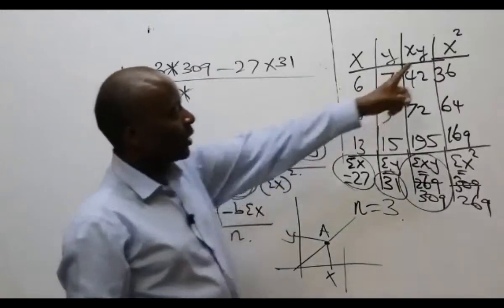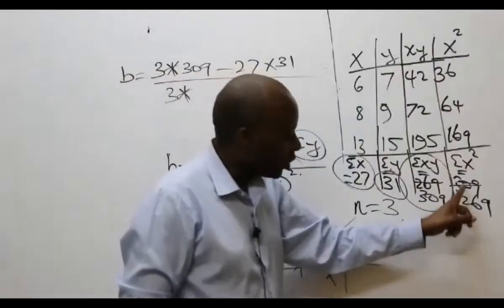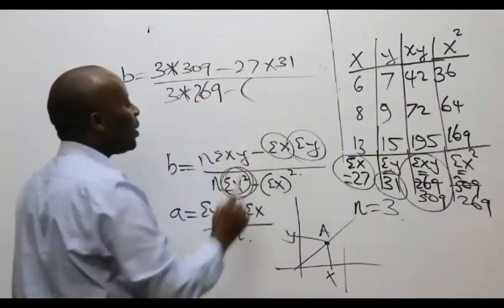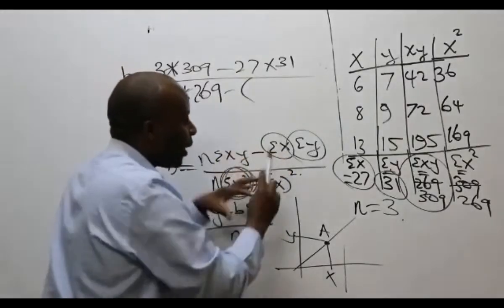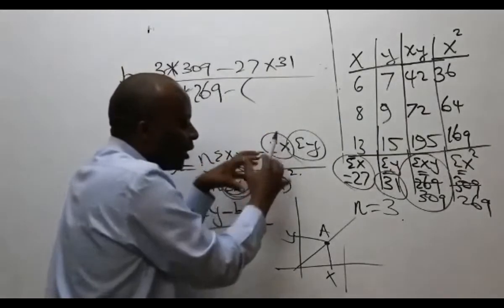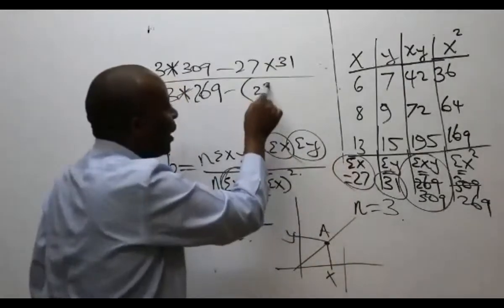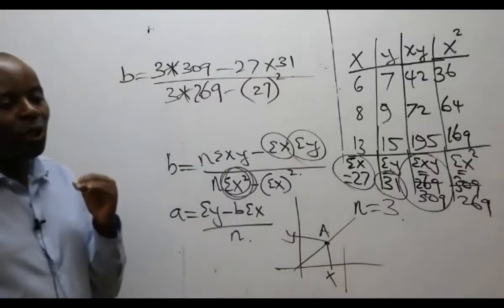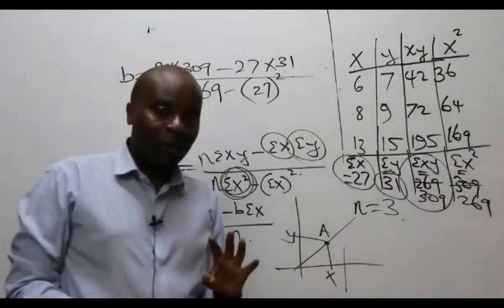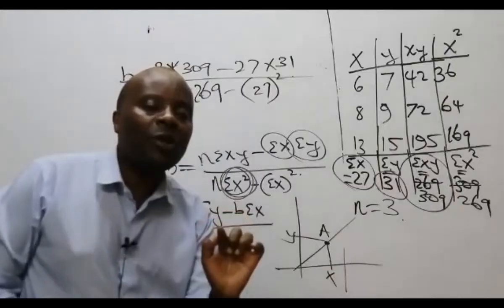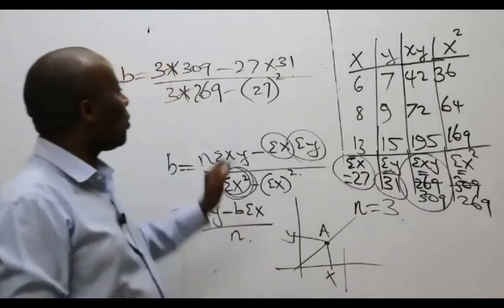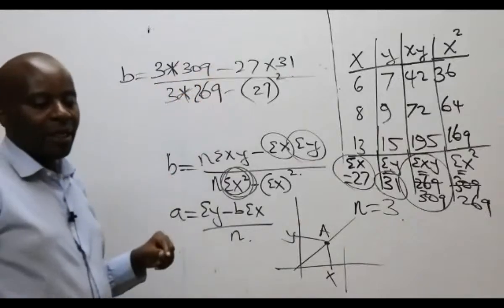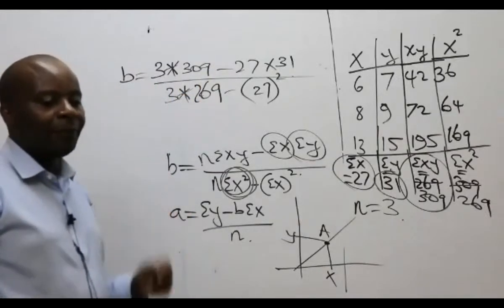Summation of x squared is here, so it is 269 minus, in brackets, the summation of x, which is 27, and then outside the bracket we square. So could you kindly do me a big favor and give me the value of the numerator, using your calculator?